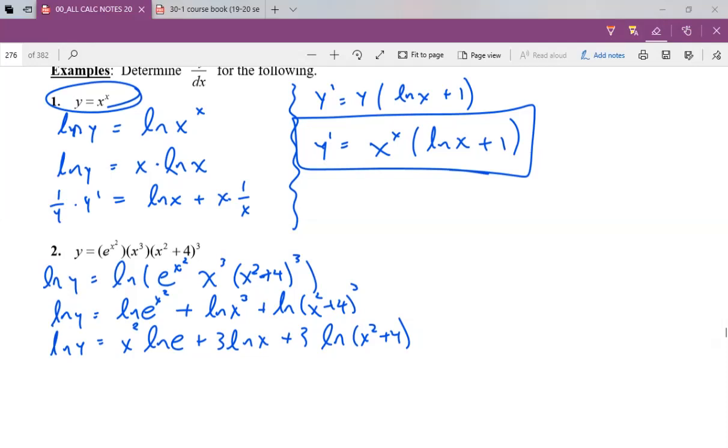All right, we are now ready to differentiate this, because we have now taken the logarithm, we've broken it apart into a sum of logarithms, and then we've taken each of those exponents down from within the logarithms, and so now we're ready to go. We differentiate the left side, and we get 1 over y times y prime.